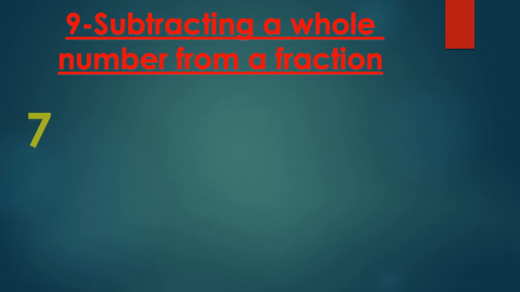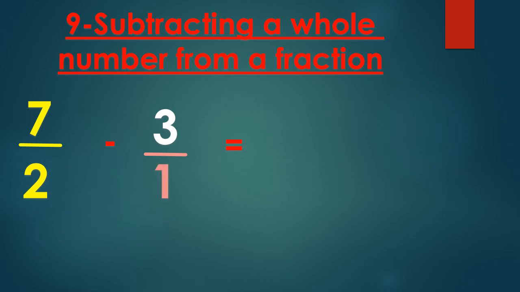Ninth, we have subtracting a whole number from a fraction, like 7 over 2 minus 3. 3 is a whole number. To convert it to a fraction, put it over 1. Then we have to unify the denominator.